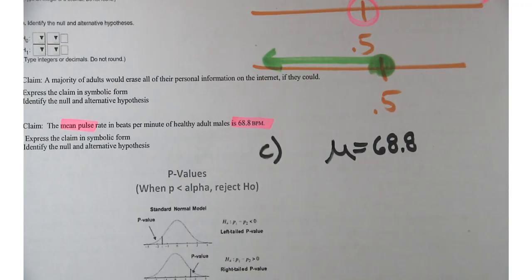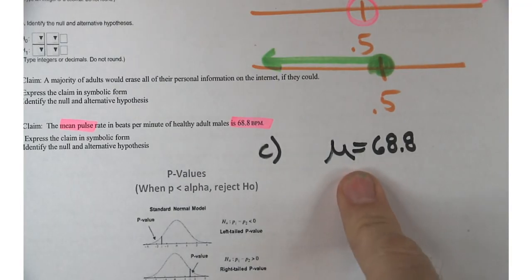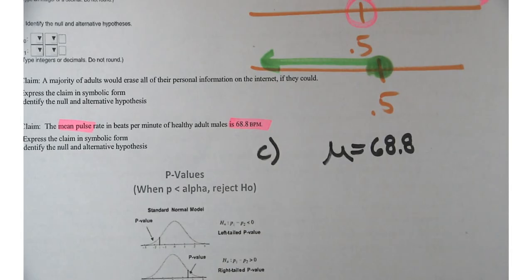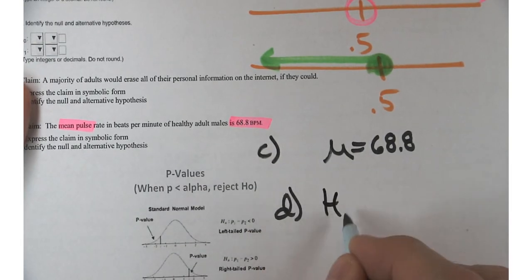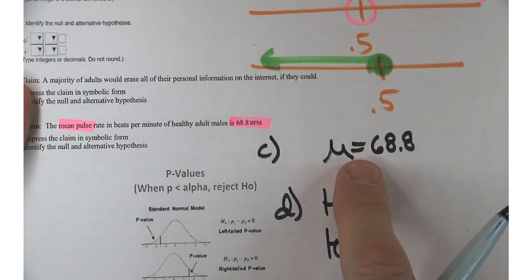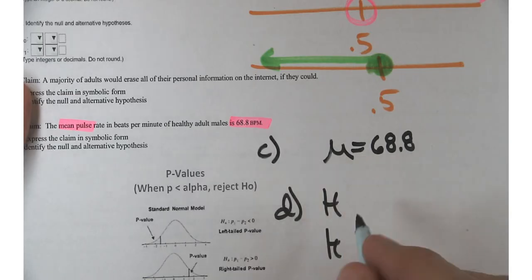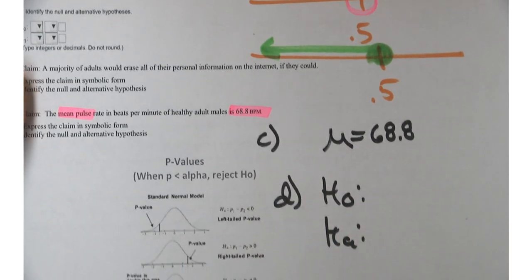Now, a question for you. Stephen, is this going to be part of the null or alternative hypothesis? Why the alternative? But that is equal, though. So what hypothesis do you want to put that in then?